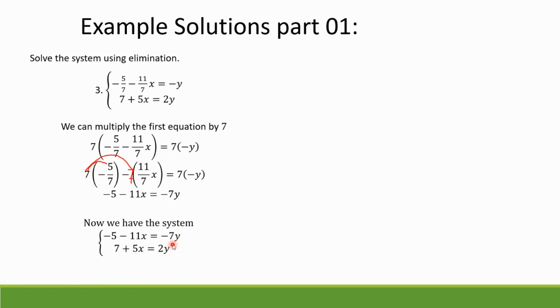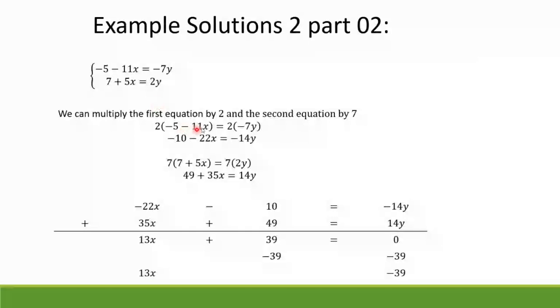What I can do is multiply the first equation by 2 and the second equation by 7. What will happen then is the coefficient of y will become negative 14 in the first equation, and down here it will become 14. That's what I'm doing here.